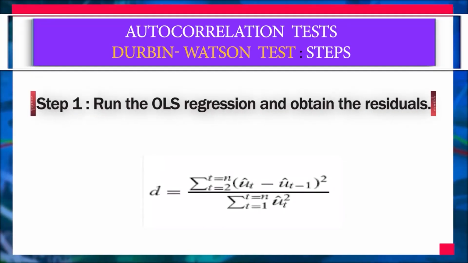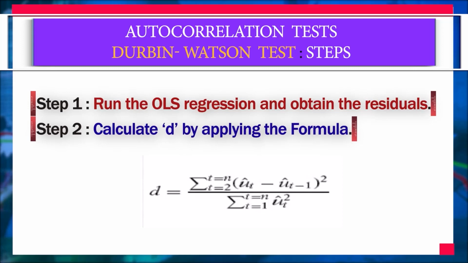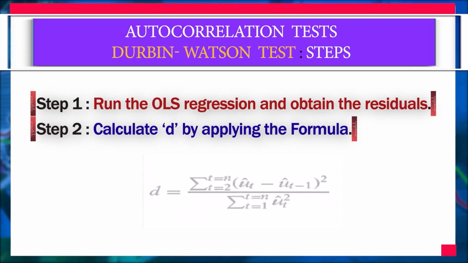Step 1, we run the OLS to find the series of residuals. Knowing the presence of the problem, in spite of that, ordinary least squares regression is to be run and we get the residual series. Step 2, from the residual series we calculate the D statistic applying the formula as mentioned.